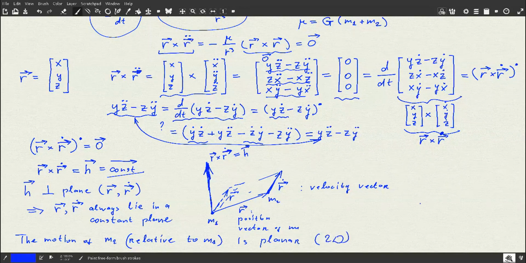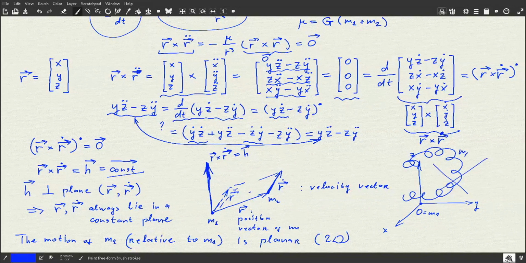So it's not like if, for example, we have x, y, z centered in origin, which is M2, and we have a trajectory like this of M1.